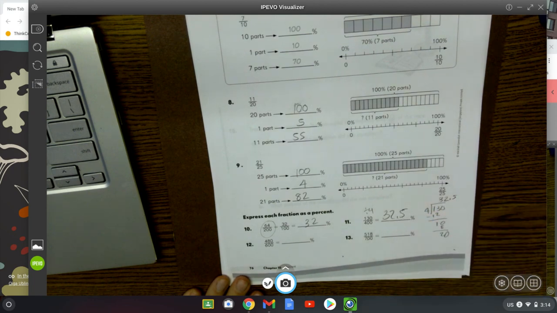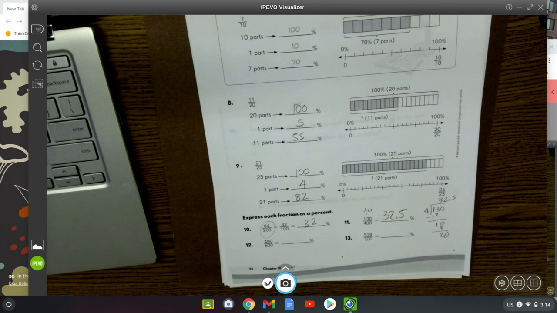A little decimal, 32.5%. Seems weird that they would do that. But there we have it.